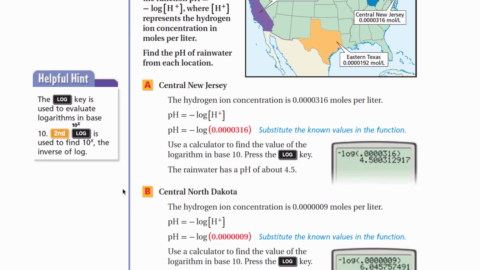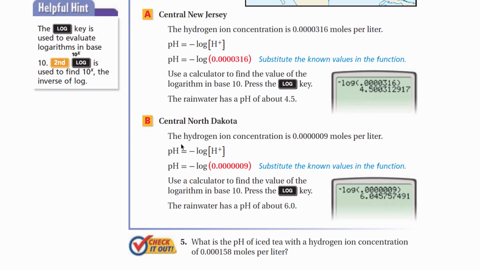How about central North Dakota? The concentration is 0.0000009 moles per liter. We plug that into our function, and we get that the rainwater has a pH of about 6.0.